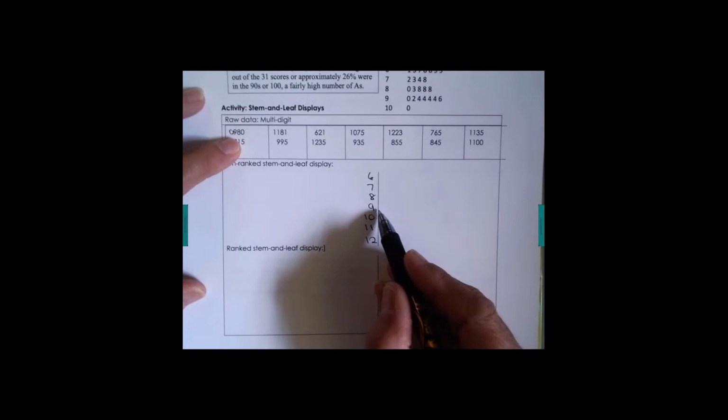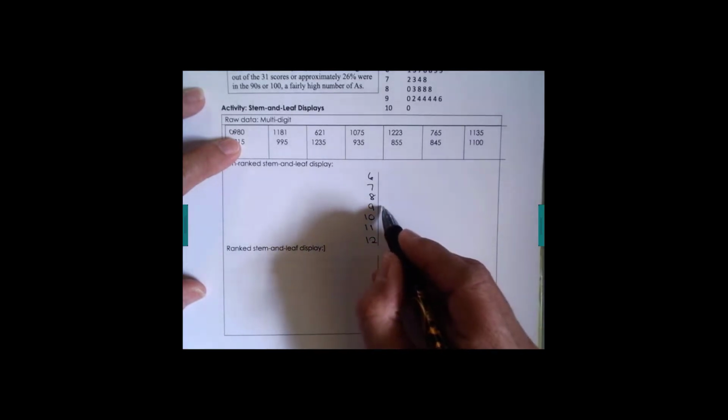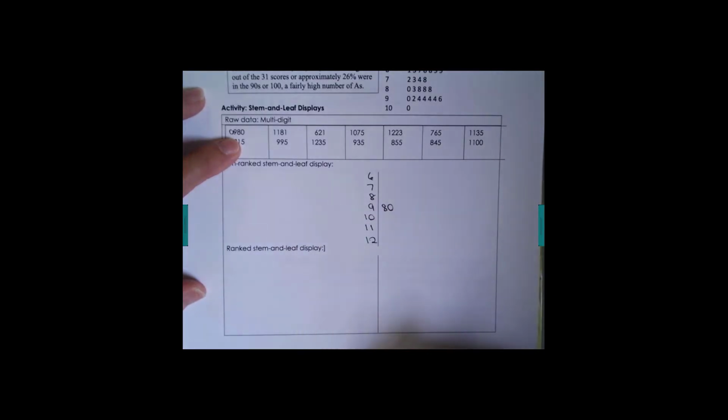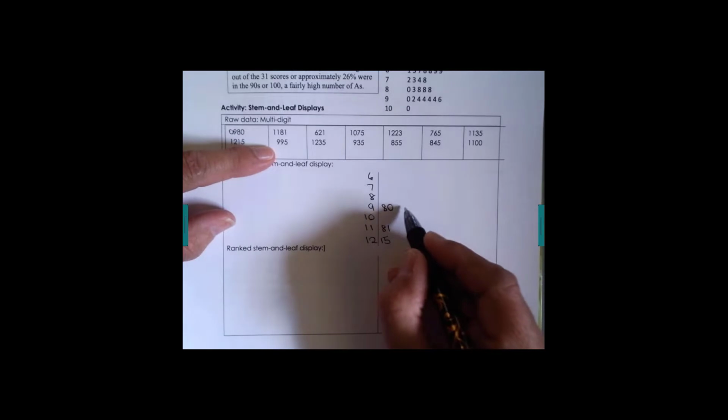First thing I do is I look at the first one and say it's a 9. It goes in this group 9, and it has 2 digits behind it. That's an 80. Now I'm going to have to be careful to put some space between them because these are 2-digit stems, right? The second one is 1215. So I'll come down here to the 12 and put a 15 by it. The third one is going to be 1181. Got one here, 995.